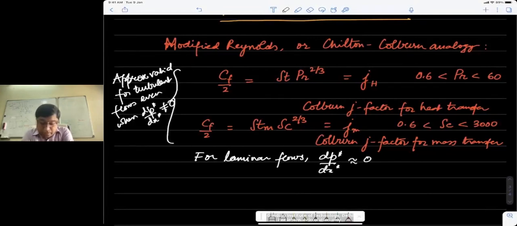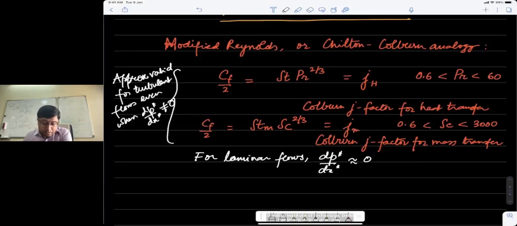So laminar flows still have trouble reconciling this analogy, but turbulent flows have been shown to give approximate or good answers with this analogy. Now, thankfully for us, most flows that we deal with in nature are actually turbulent. Laminar flows are a notion which are rarely present in nature around us.